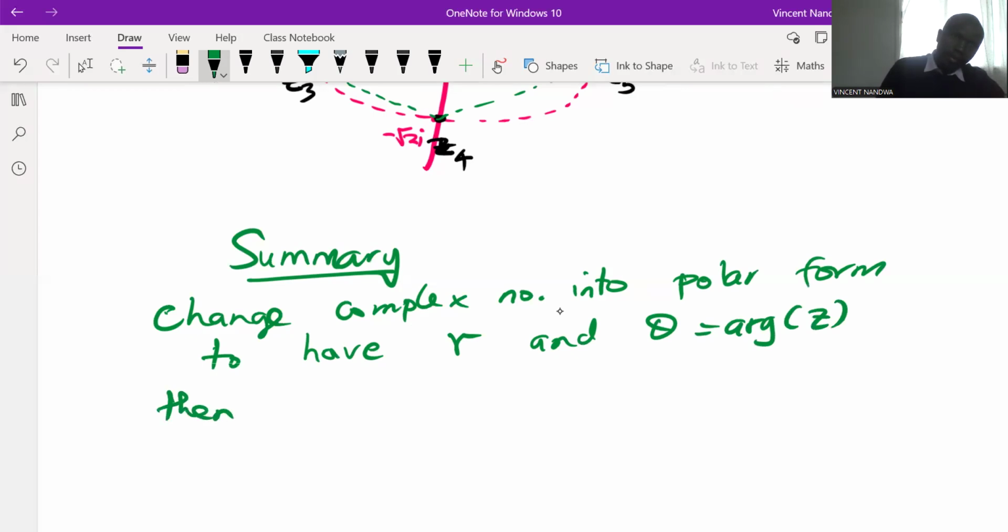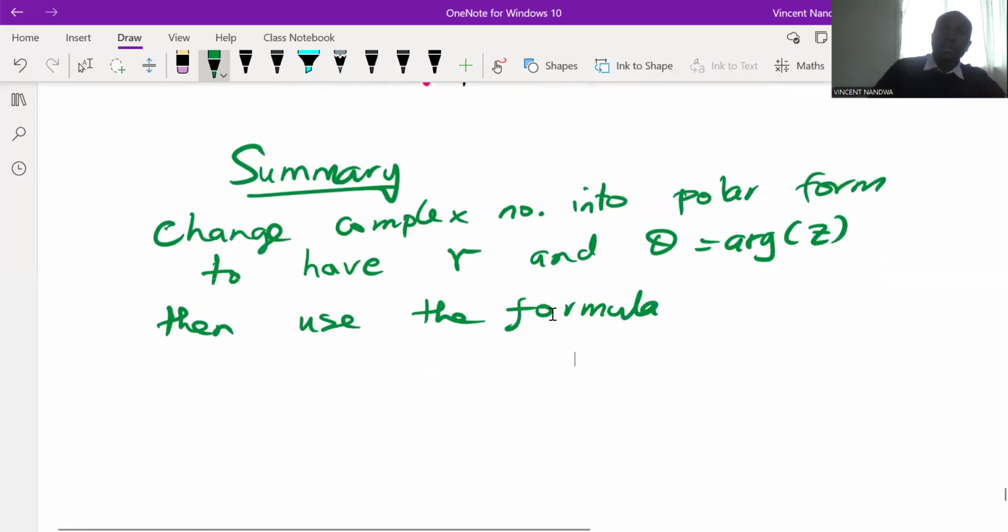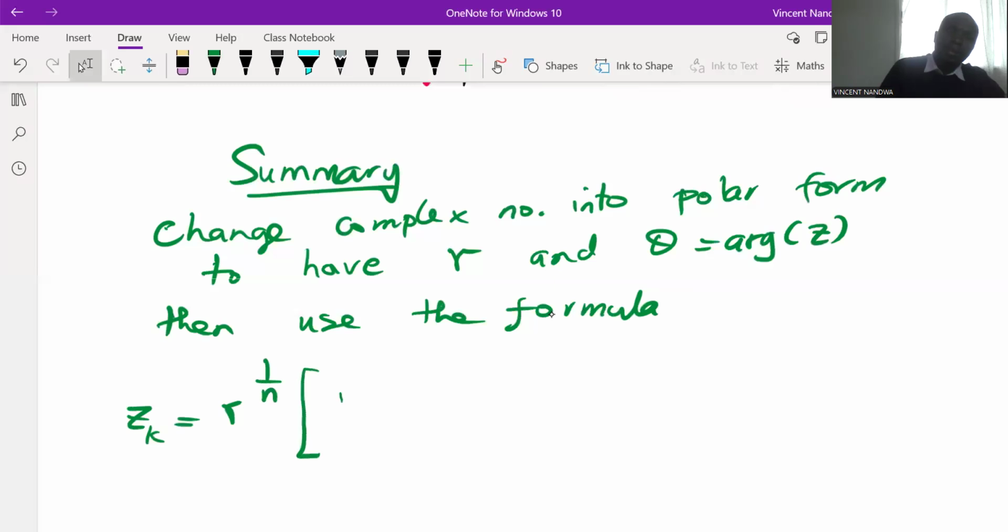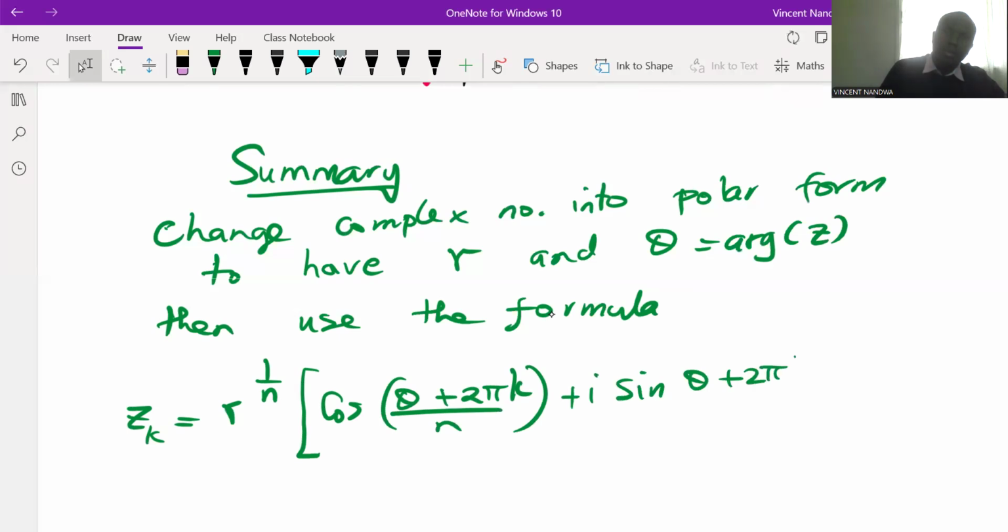Then use the formula that the roots are given by r to the power 1 over n into cosine of theta plus 2 pi k over n, plus i sine of theta plus 2 pi k over n.